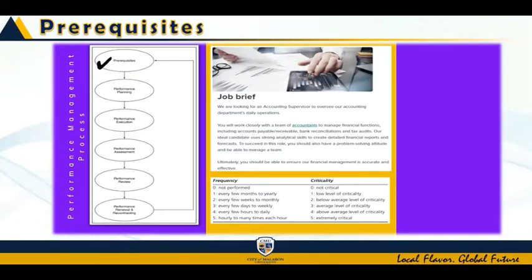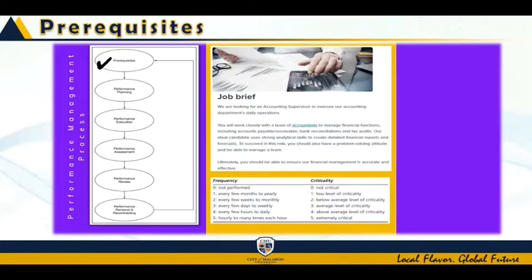The second important prerequisite before the performance management system is implemented is to understand the job in question. This is done through a job analysis. Job analysis is a process of determining the key components of a particular job, including activities, tasks, products, services, or even processes.